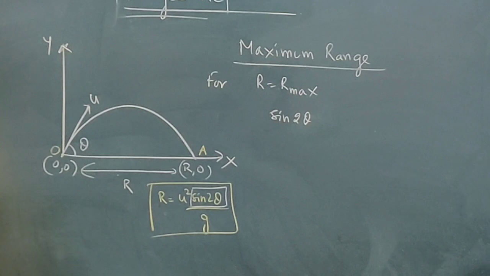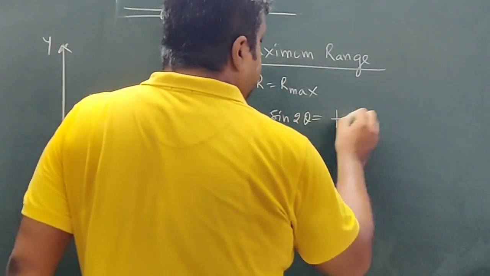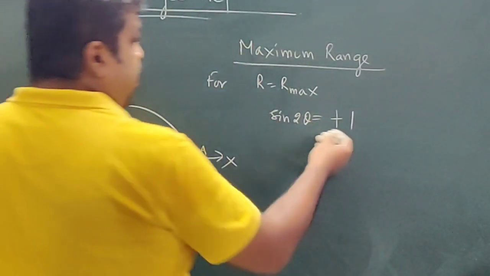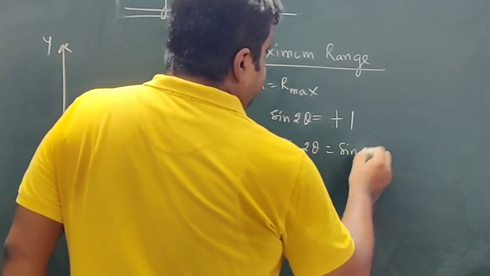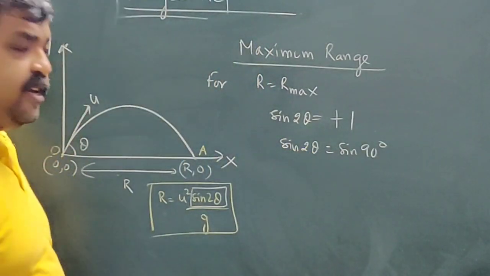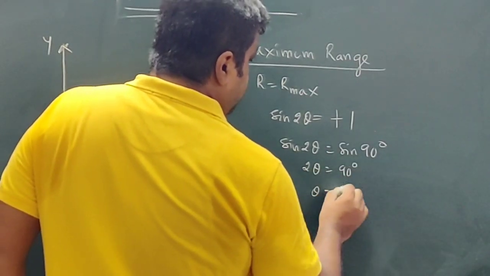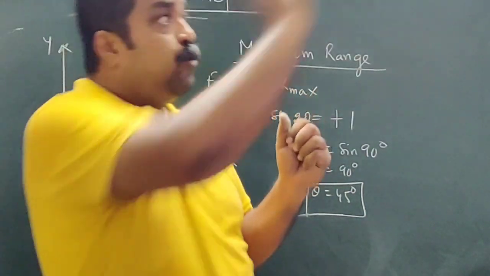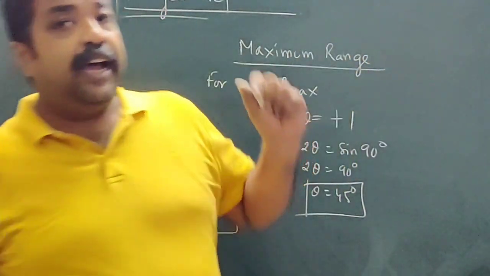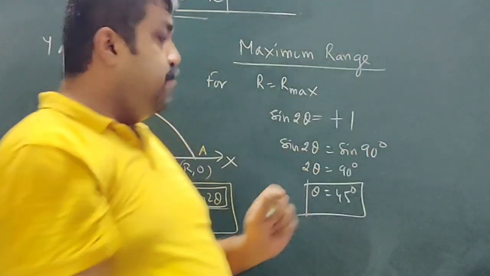So what is the maximum value of sin, or for that matter cos? Maximum value of sin or cos is plus 1. So sin 2 theta maximum value is plus 1. Sin 2 theta is plus 1 means sin 2 theta is equal to sin 90 degree. So that means 2 theta is equal to 90 degree, or theta is equal to 45 degree. So that means if you throw a shot put or the javelin at 45 degree, then the range will be maximum.